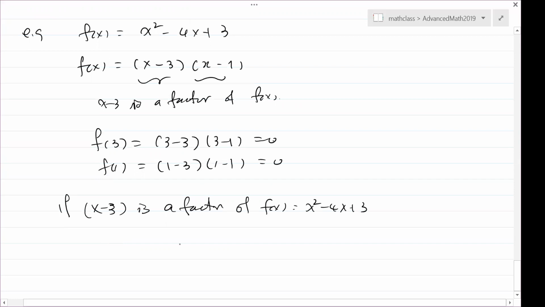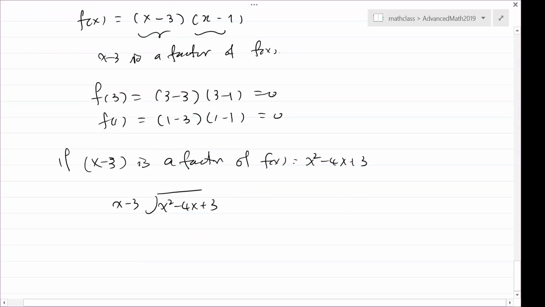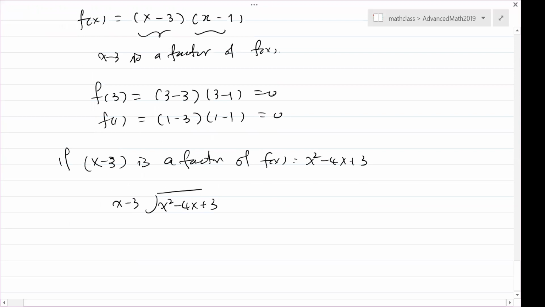What I'm going to do is divide x squared minus 4x plus 3 by x minus 3. That's called the long division for polynomials. So first of all, you get an x. So you get x squared minus 3x.